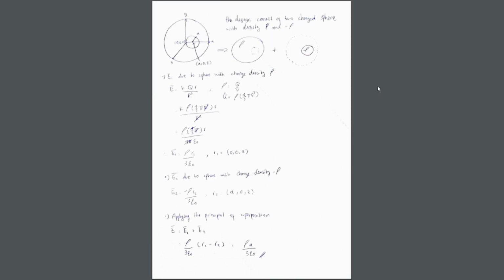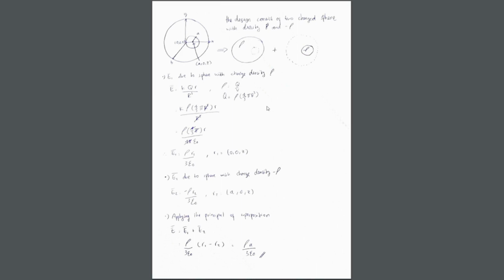By looking at the design, it consists of two charged spheres with density rho and minus rho. So we can imagine the design as two separate parts with two separate charges. The first one is the electric field due to the sphere with charge density rho.